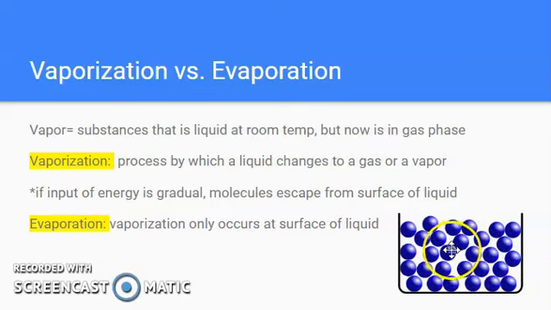So as you can see, this molecule is connected to more other molecules than this molecule at the surface. And so molecules at the surface tend to be easier to evaporate. And evaporation is when vaporization only occurs at the surface of the liquid.